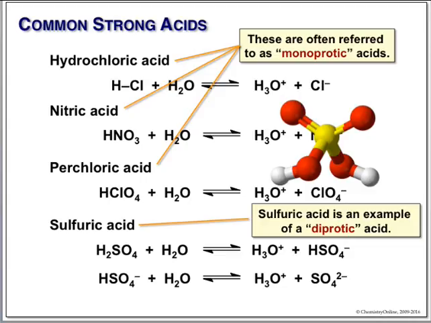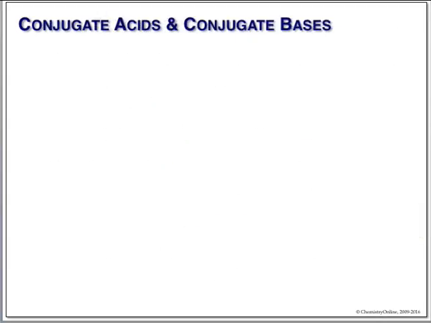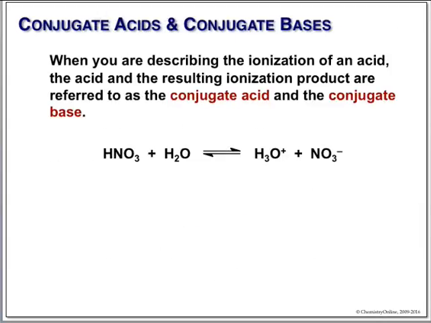Well, when we talk about acids and bases and stuff like that, one of the things we use to identify the parts on both sides of the equation is the concept of conjugate acid and conjugate base. This is nitric acid.